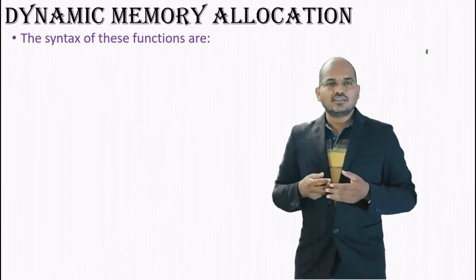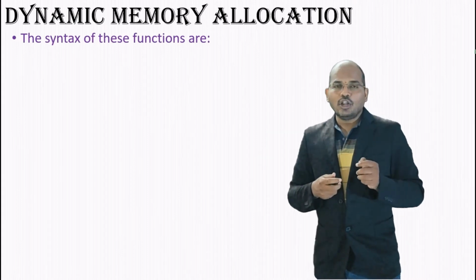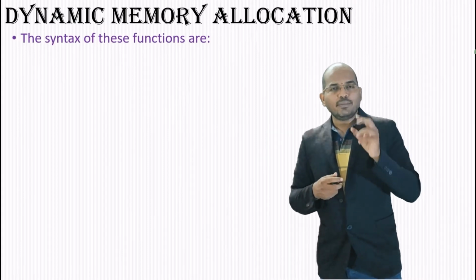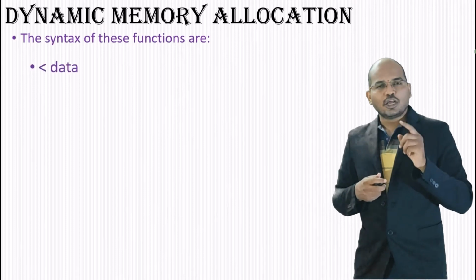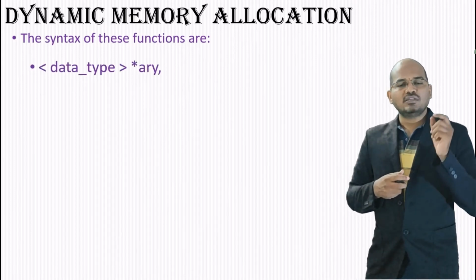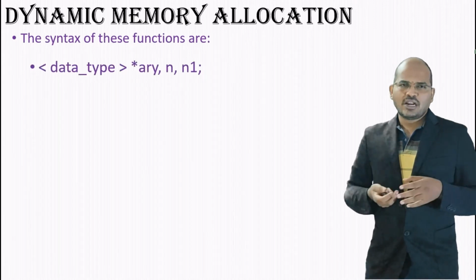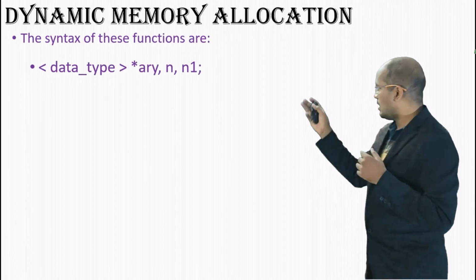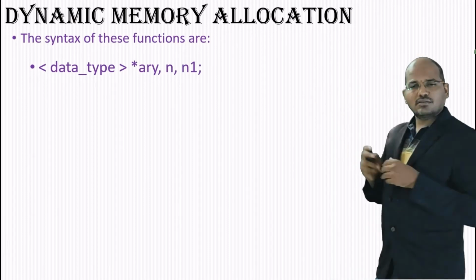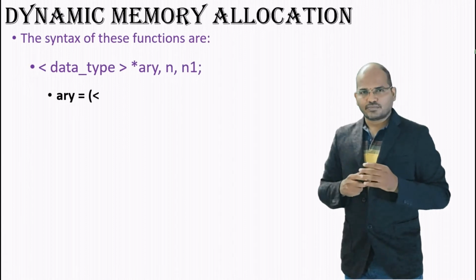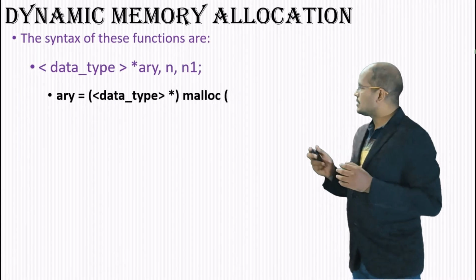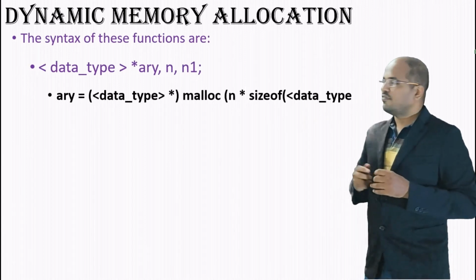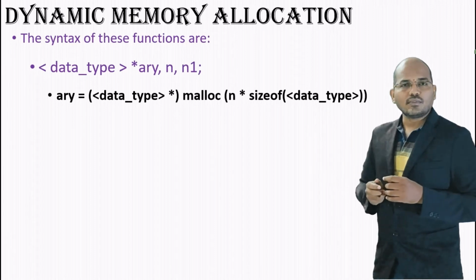What are the syntaxes in C language? As I told you, you need to use these predefined functions with a pointer variable. So the first step is to declare a pointer variable of some data type. I declared a pointer called ARY and some sizes n, n1. Then this is the syntax of malloc.